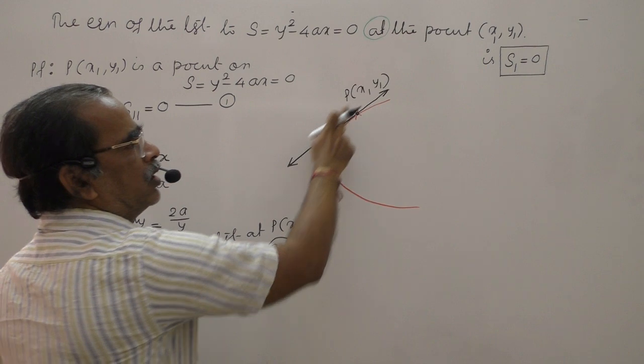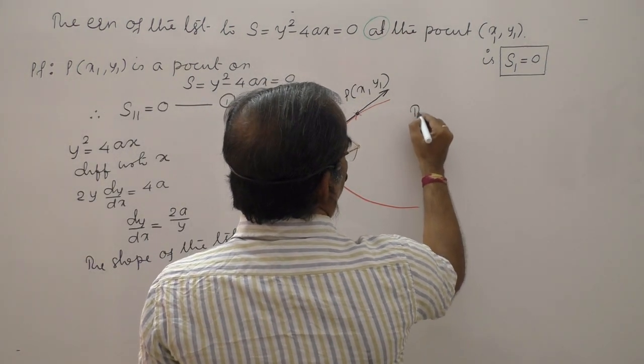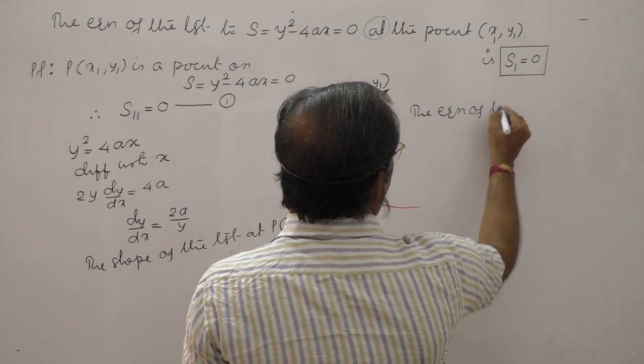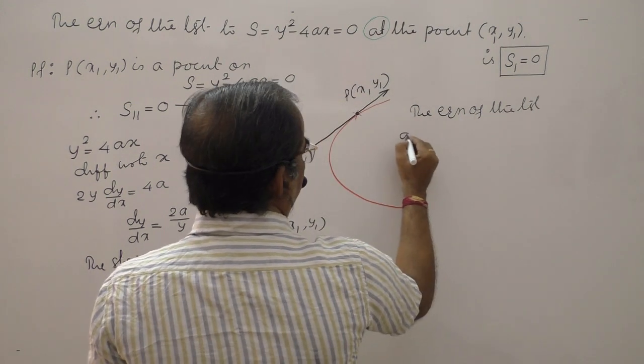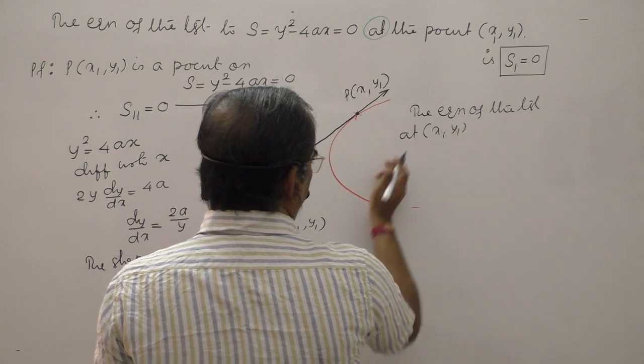Now for this tangent we have a point and a slope, no? Therefore using point slope form we can write the equation of the tangent. The equation of the tangent at the point, this word at the point is important.